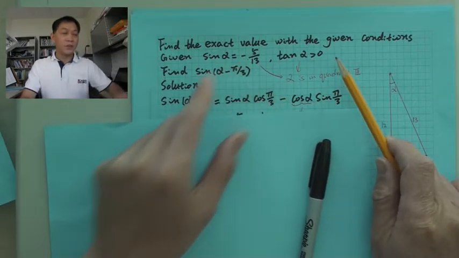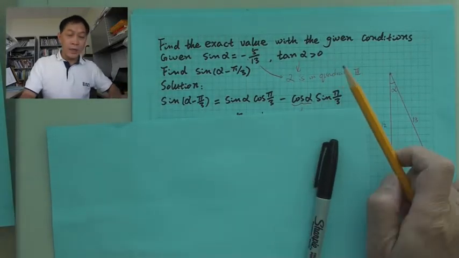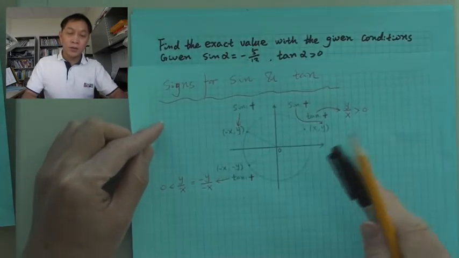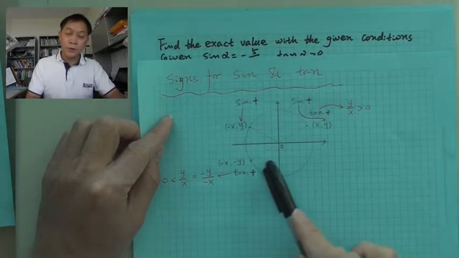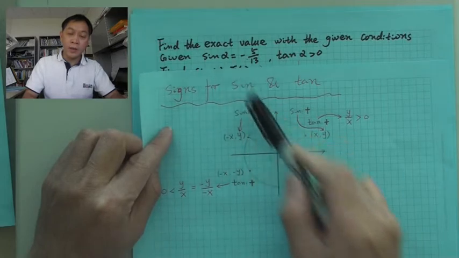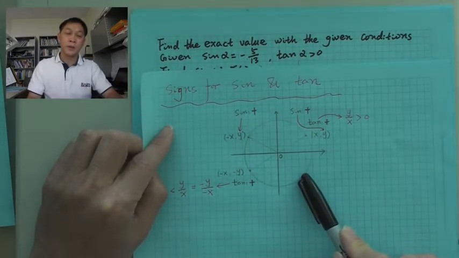A minute ago I reviewed that sine is negative in quadrant 3 and 4. So this alpha is either in quadrant 3 or in quadrant 4.